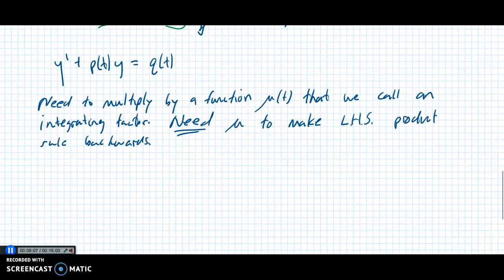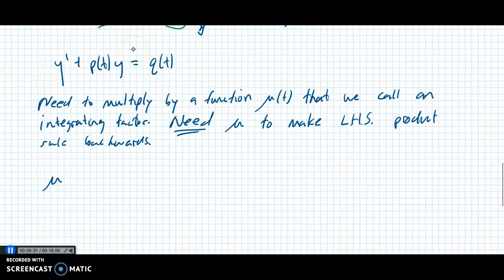So let me show you what that looks like. I need mu, so I'm going to multiply everything in this equation right here by mu. So I'm going to get mu, and this is mu as a function of t, but I'm going to actually drop all the of t's. Just assume every letter I'm writing here is a function of t.